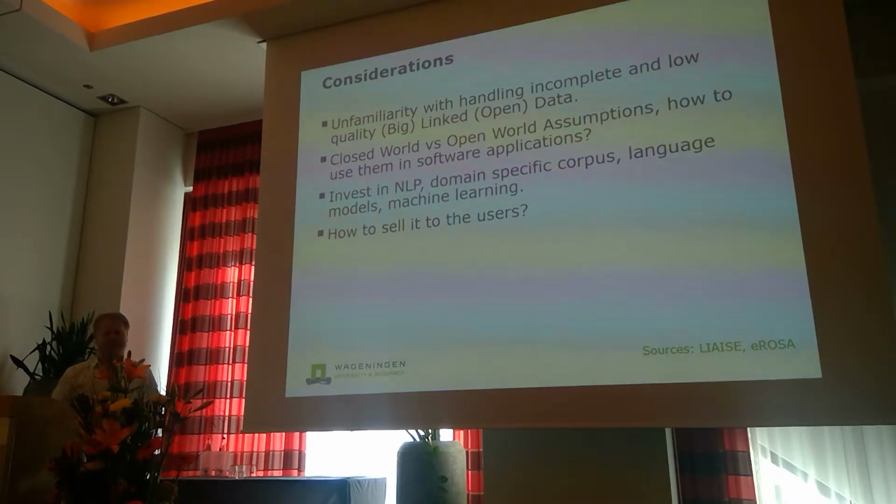There's data that's beyond your control, so you have to at some point deal with all these missing data values and less accuracy. You don't exactly know what it is. And how to deal with that in the software, that was also a question from Paul in his keynote. But as computer scientists, I think we still have to learn how to do that.